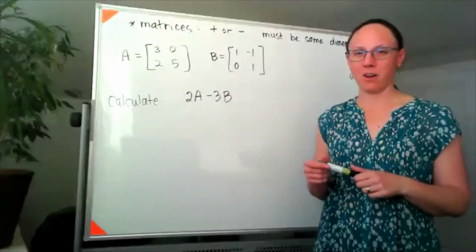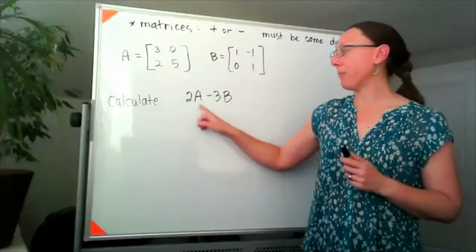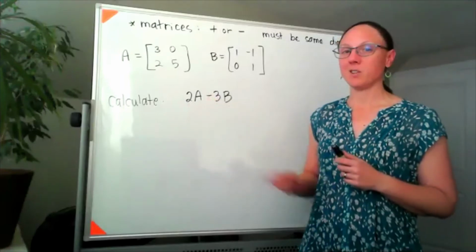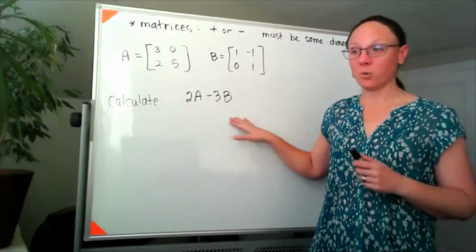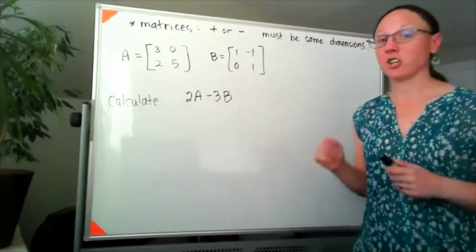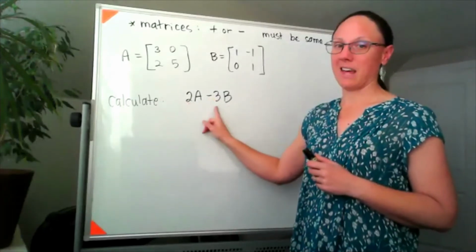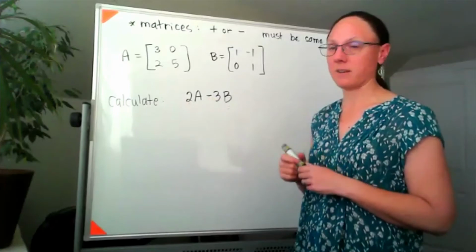So that's that PEMDAS thing, but multiplication is going to come before the subtraction. So if I wanted to compute this quantity, I should first find 2 times that A matrix and 3 times the B matrix.